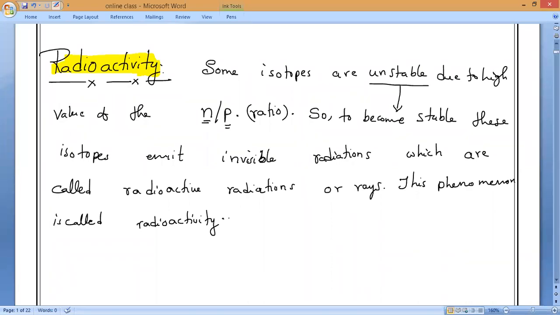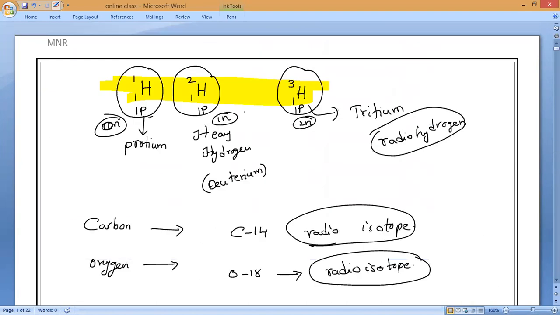Now, if you observe very carefully, again I'm saying, not all the isotopes, only some isotopes. Wherever we have a high ratio of protons and neutrons, they only behave like radioactive isotopes. That is what you have to remember.